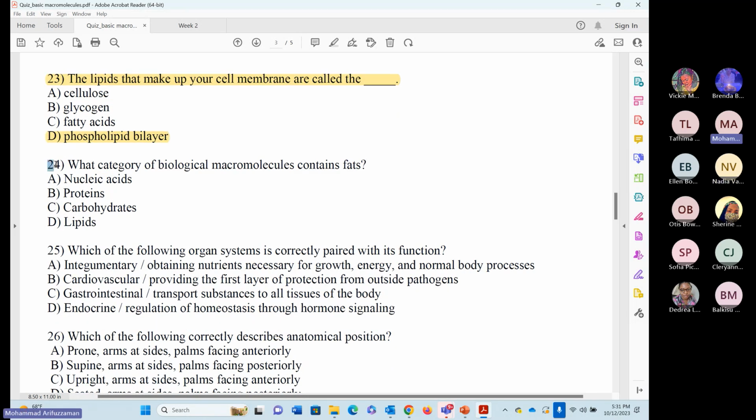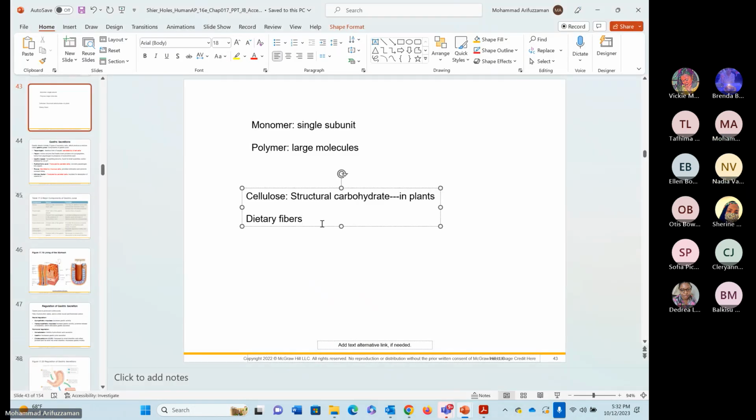What category of biological macromolecules contain fats? Lipids. So lipids contain fat, and fat-like substances are called lipids. What are the lipids? Name the lipids. Include the fat, yes.